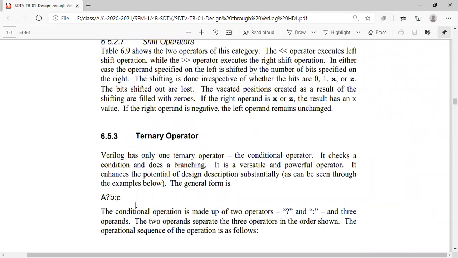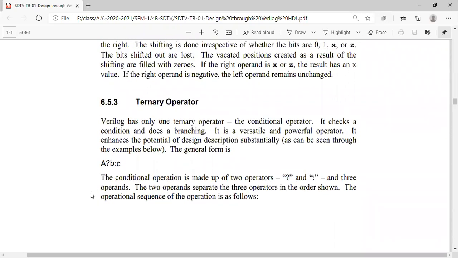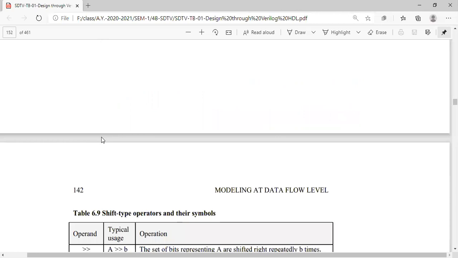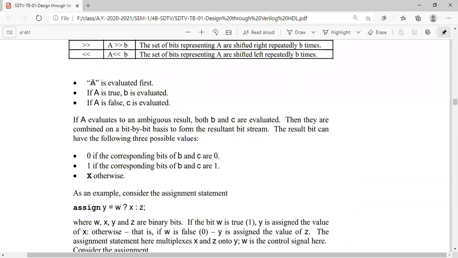So this conditional operator makes use of two operators, the question mark and the colon, right? See how we have to use this. Just remember this: A question mark B colon C. Here, A is evaluated first. That means if it has some expression, it will be evaluated first.